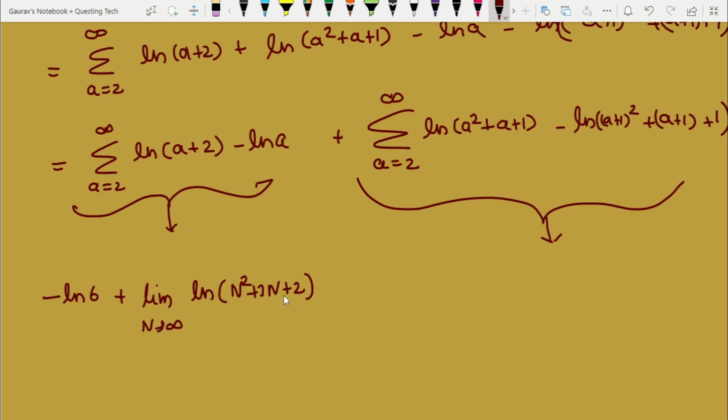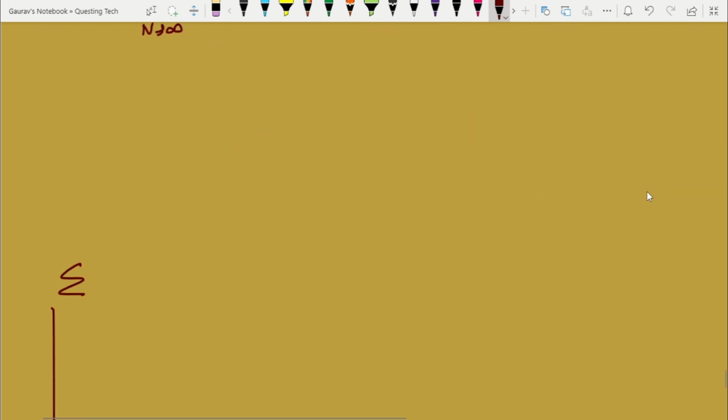Okay, this is the simple expression, and by the same logic we are going to solve this one. Okay, so let me write this one.